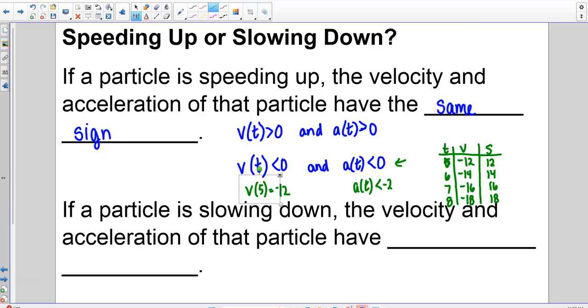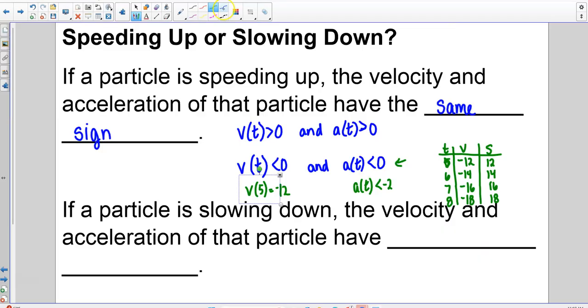Like you're going down the highway backwards at increasingly fast speeds. This is some dangerous driving, but you are still speeding up. You're just speeding up in the negative direction, right? I think that one's hard to picture, but you can be speeding up as long as your velocity and acceleration have the same sign.